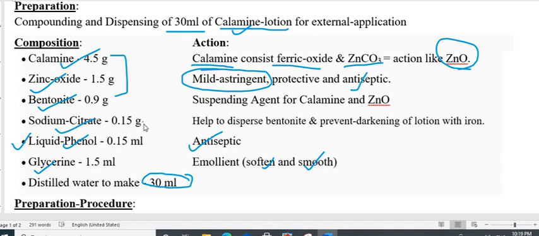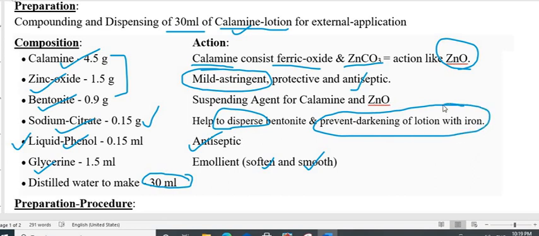However, sodium citrate is used as a dispersing agent, so it is going to disperse the bentonite. Not only that, sodium citrate also checks the change of coloration of the lotion that is caused by the iron, so it prevents the darkening of the lotion. This is the function of sodium citrate.